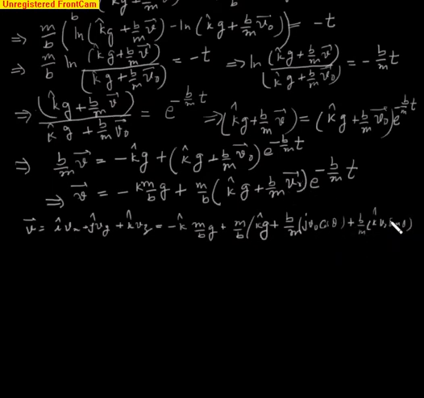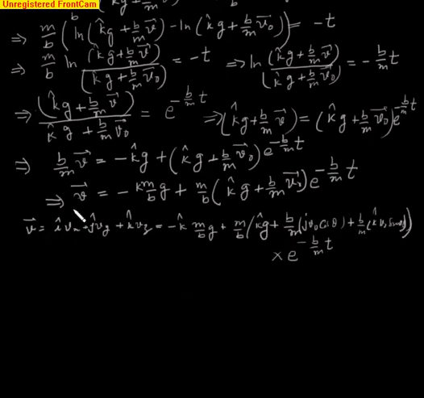I have written this value here, multiplied by this whole term, this bracket goes here. This whole term is multiplied by e to the power minus b over m into t.